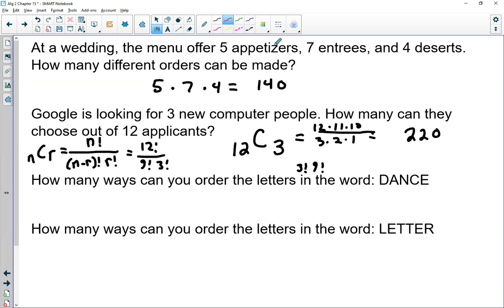Now, the reason I don't even write the 9 exclamation point is because I know the 9s are going to cancel out. So I just go 12, 11, 10, over 3, 2, 1. You could actually figure it out by counting down how much your smaller number is. I count down 12, 11, 10. I counted 3 numbers, 3, 2, 1. Either way, it should be 220 no matter how you achieve it.